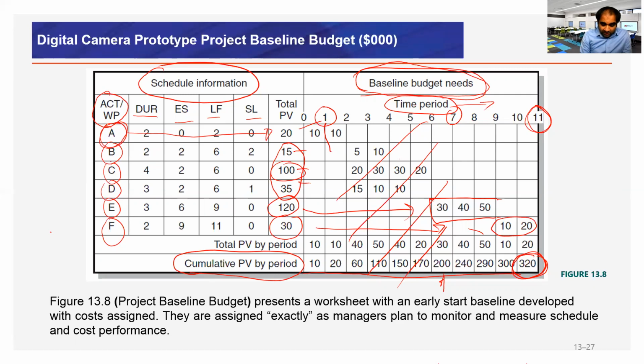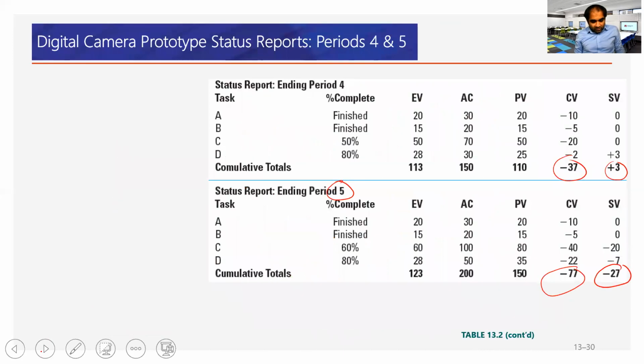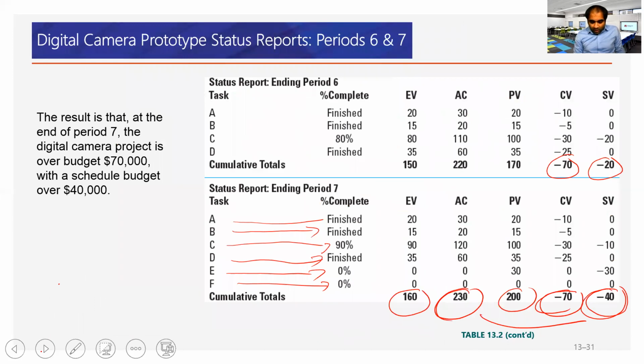Plus 90% is done. So that means at least we budget for 10K for the remaining 10%, or depending on the nature, it can be 10K, it can be 20K, right? We add this up and we recalculate, which is 120, 150, 170. So from here, at the end of period 7, actual cost is 230, plus we still have 170 left, which is 400.